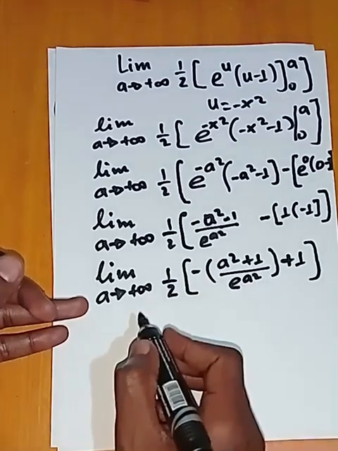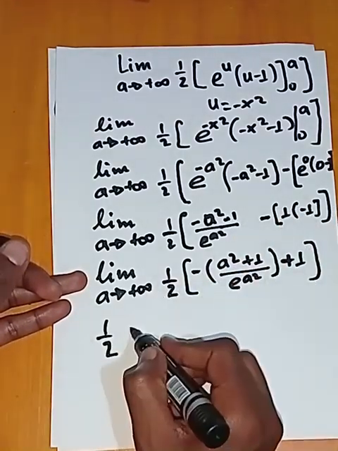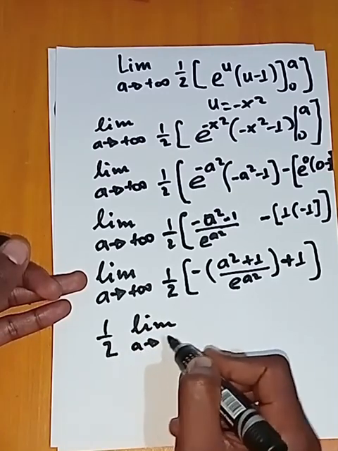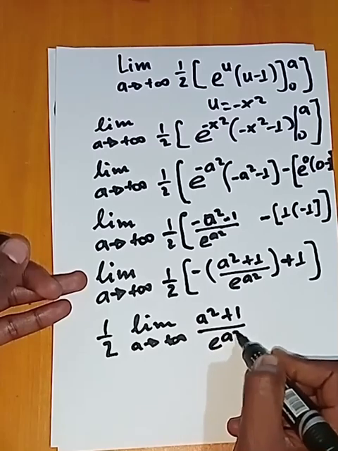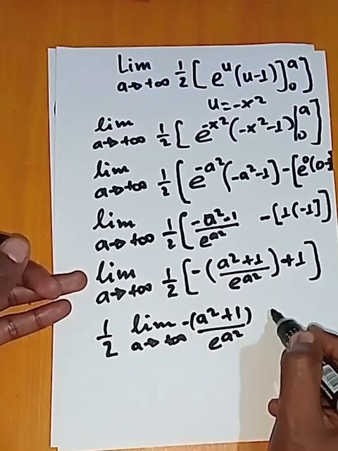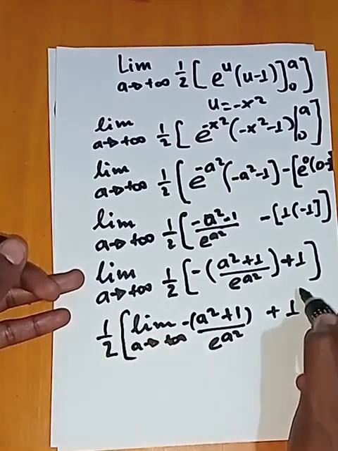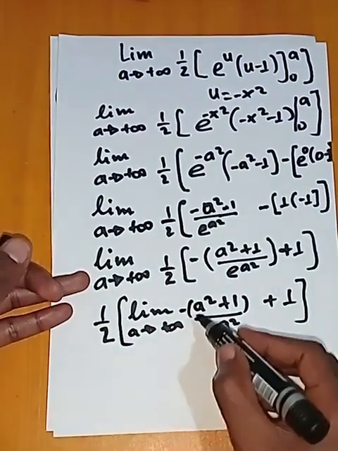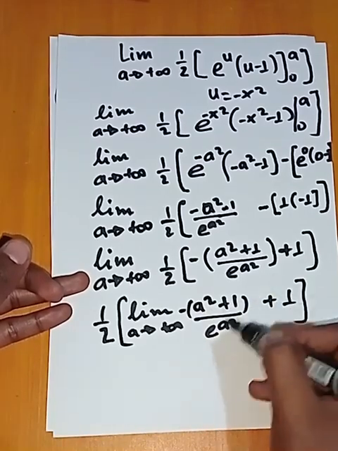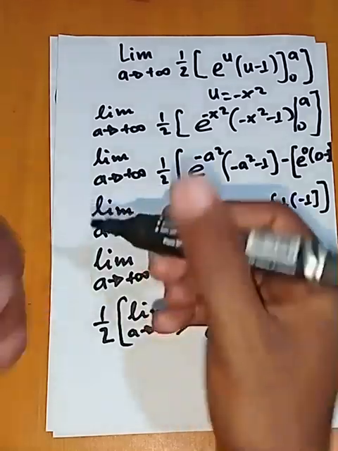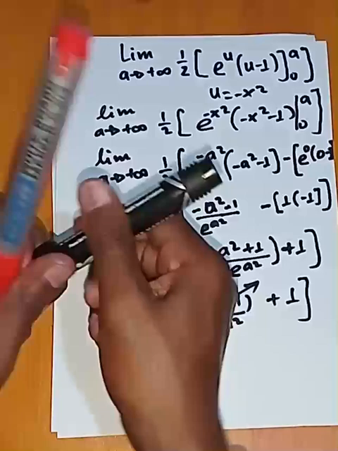So what's the limit of this? Now the big question: with 1 over 2 outside, what's the limit as a tends to positive infinity of a squared plus 1 over e raised to a squared? The limit of 1 is 1. Since the denominator e raised to a squared is greater, this part tends to 0.